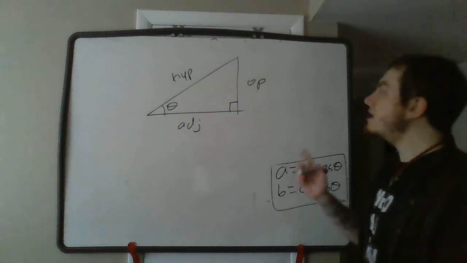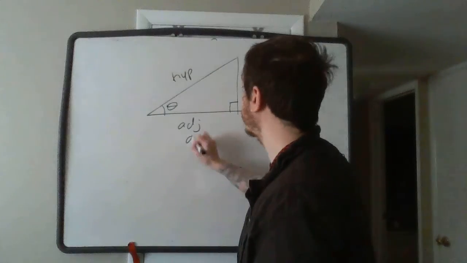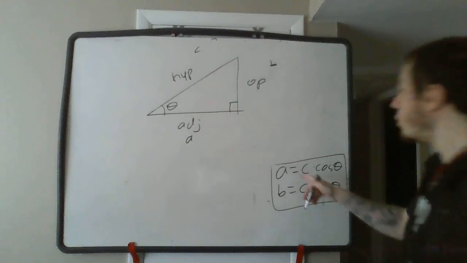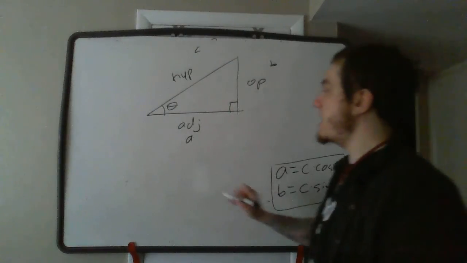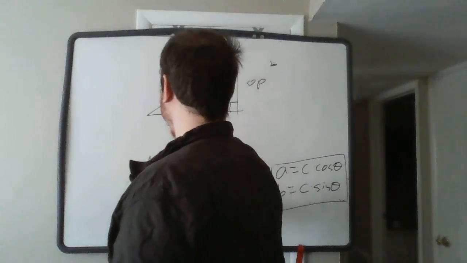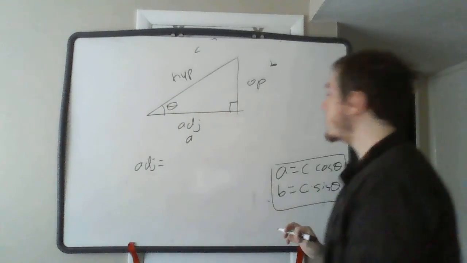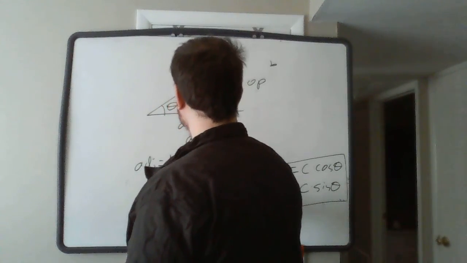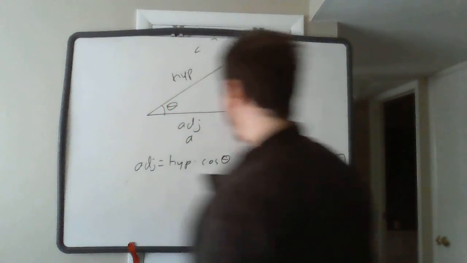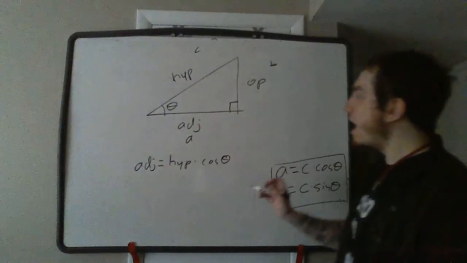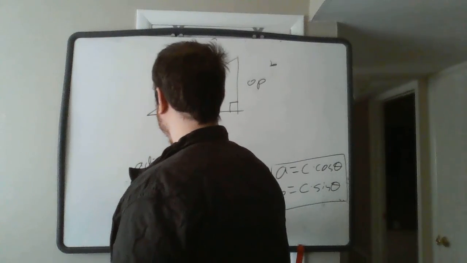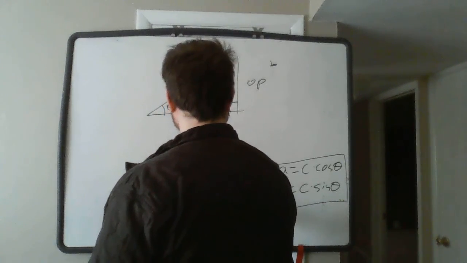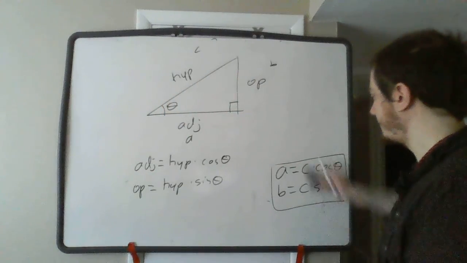And if we think of the original labelings, I had originally labeled this side as A, this side as B, this side as C. So what these equations really tell me is that the adjacent side is equal to the hypotenuse times the cosine of theta, and the opposite side is equal to the hypotenuse times the sine of theta.